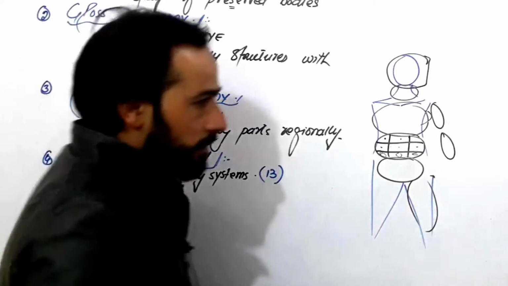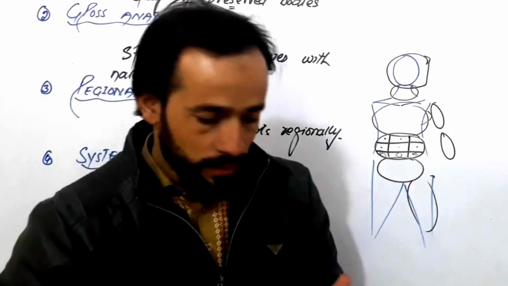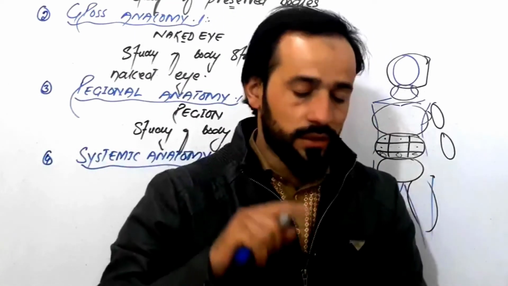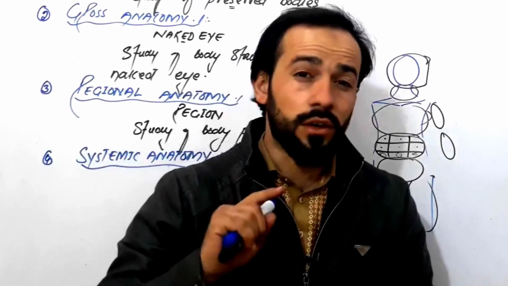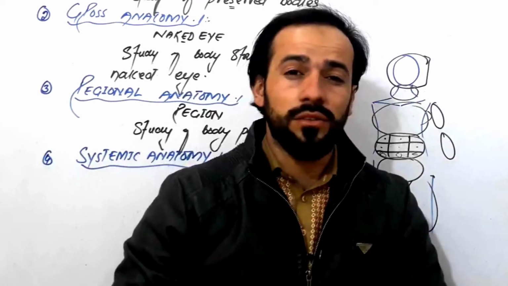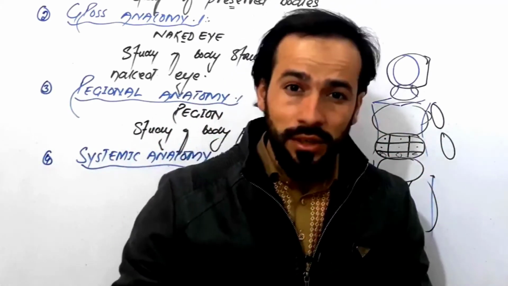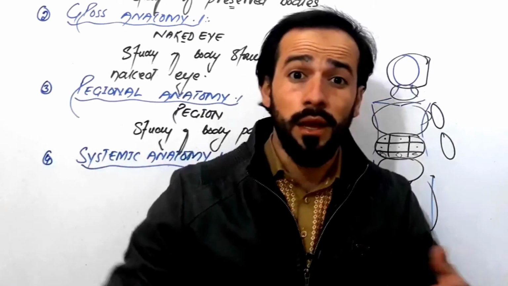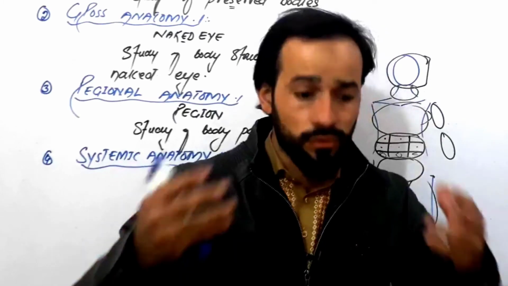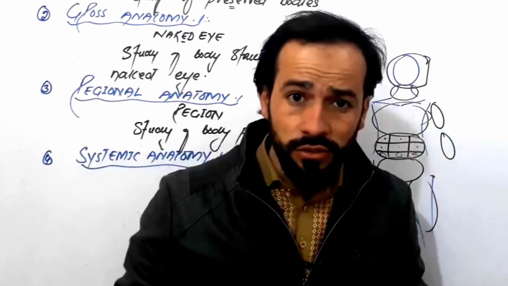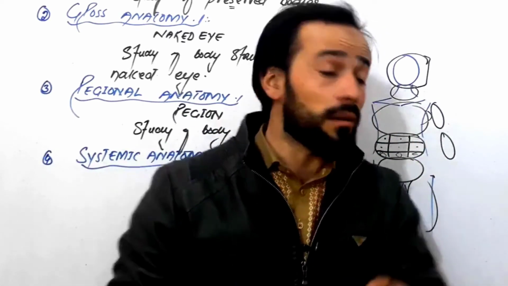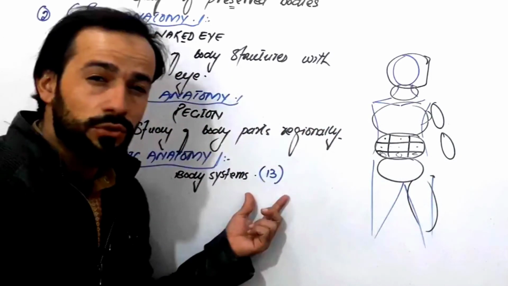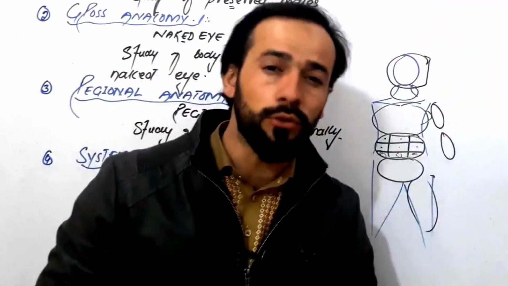There is the integumentary system, the nervous system, the digestive system, the osteoskeletal system, the reproductive system, the urinary system, the circulatory system, the immune system, the respiratory system, right? So there are about 13 systems working together to make a full human body.